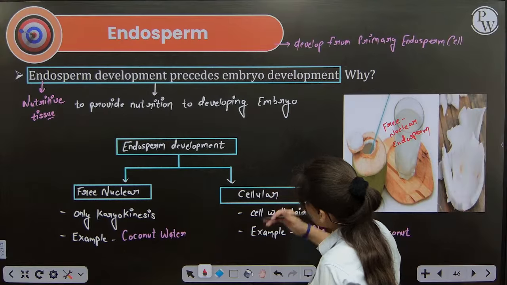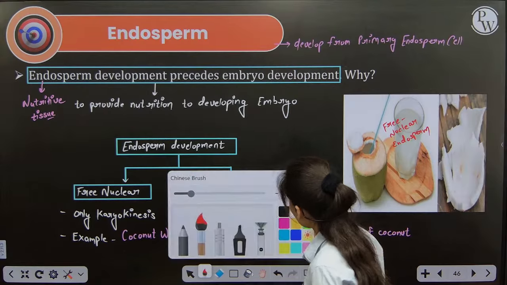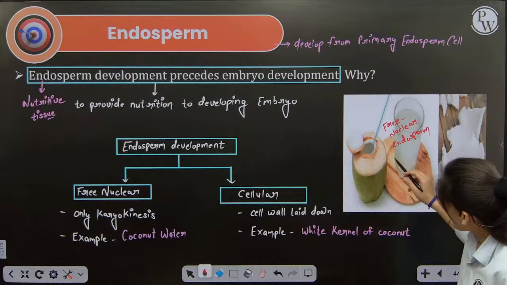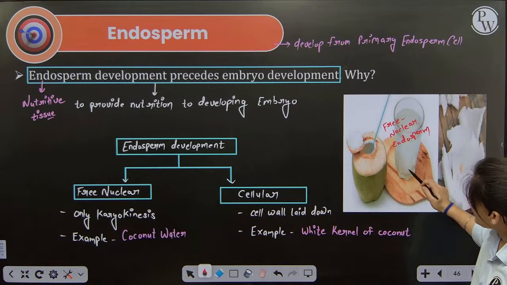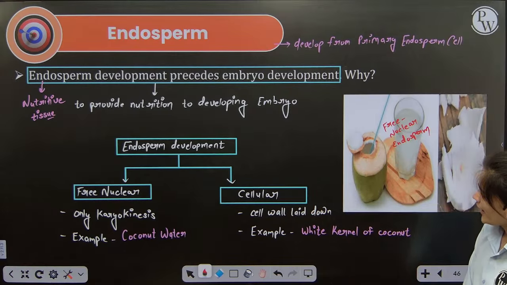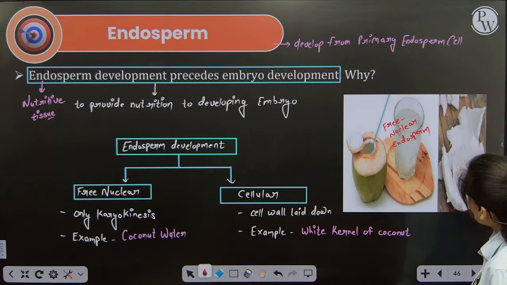And what about cellular one? When cell wall is laid down, then that becomes the white kernel part of the coconut. So white kernel part of the coconut is the example of cellular endosperm.